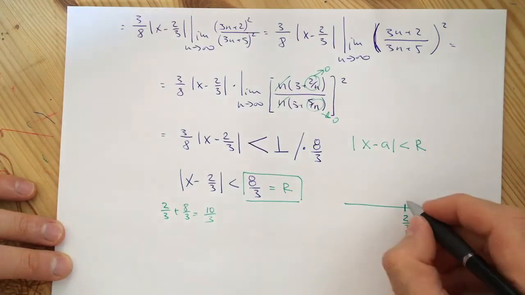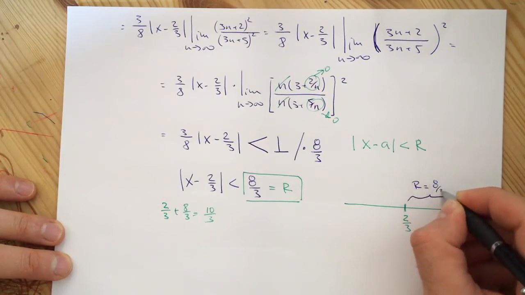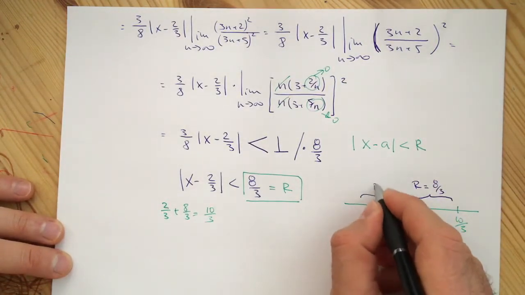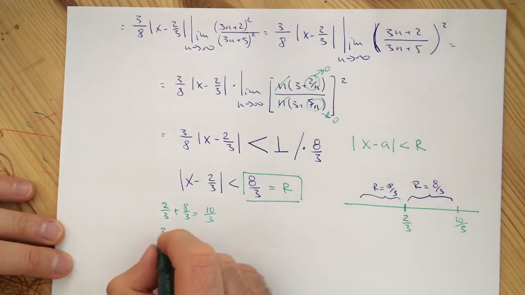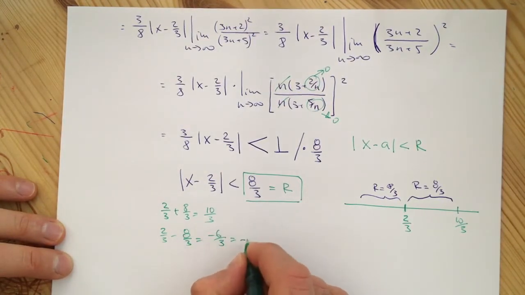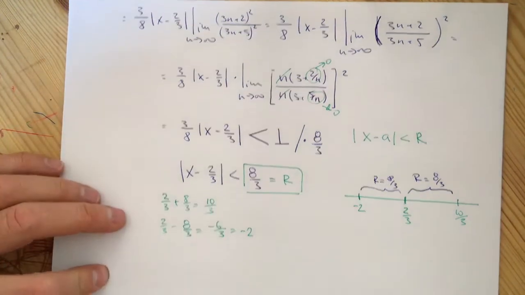We have moved r units, in our case 8 over 3 units, to the right, and similarly we're going to go 8 over 3 units to the left. That means 2 over 3 minus 8 over 3 is negative 6 over 3, and that's negative 2.